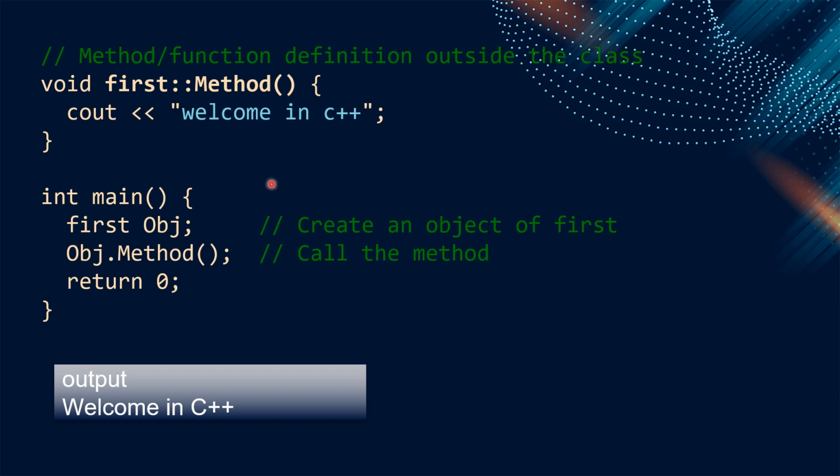The difference between inside and outside class definition is that in the inside class definition the function is written inside the class, but in the outside class definition the function is written outside the class, using this operator. After that we just call obj dot method from our object, and when we run we will get the output "Welcome in C++".